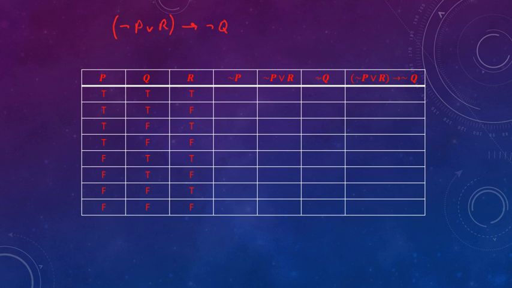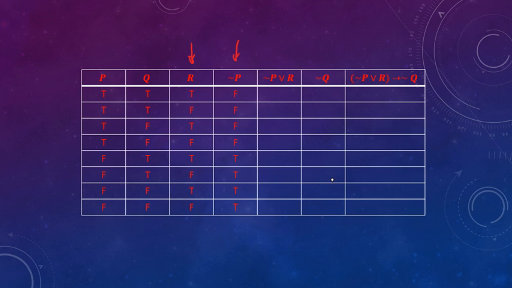First column, really straightforward to figure out what that is. You're just switching the truth value of P for that particular row. 4 F's followed by 4 T's if you go down. Now we have the column for the disjunction not P or R. So looking at these 2 columns here, take the disjunction of those 2 columns.